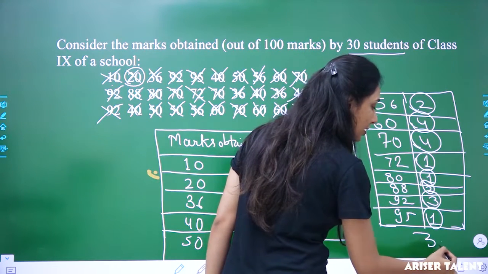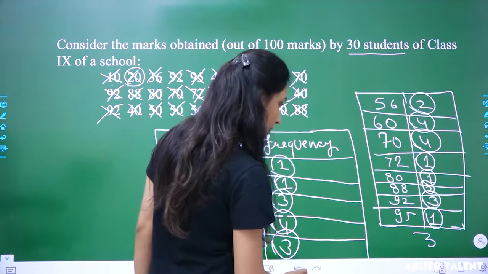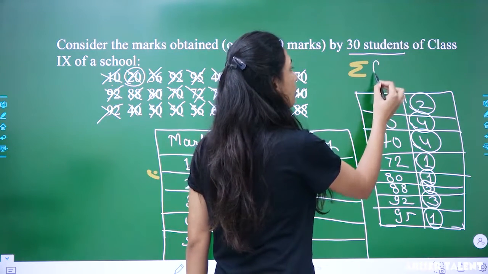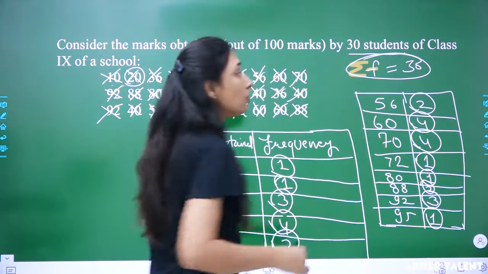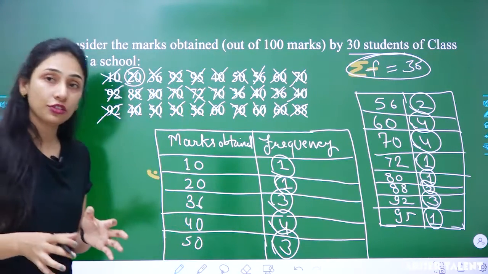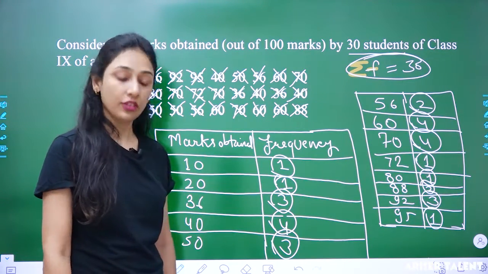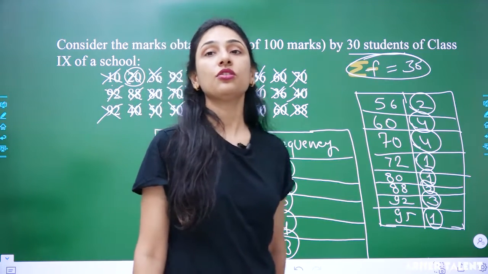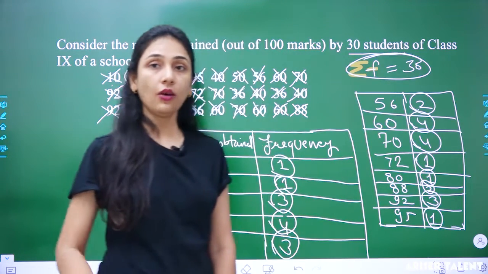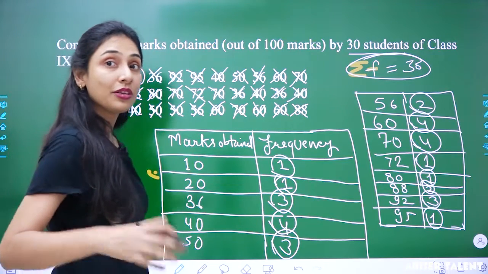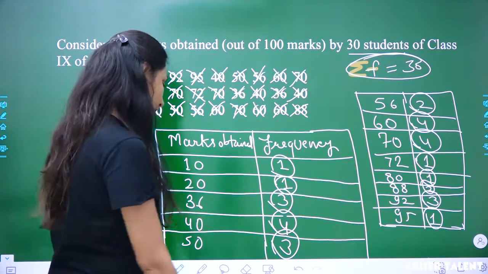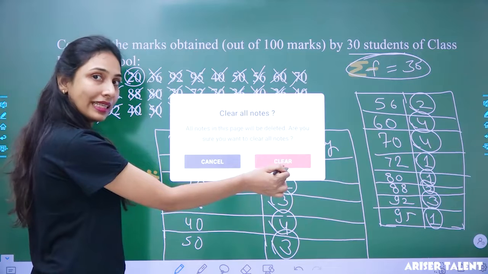So the summation of the frequency equals 30 in this case. The number of observations is the summation of the frequency. Now is this clear how it's going to be? Clear?